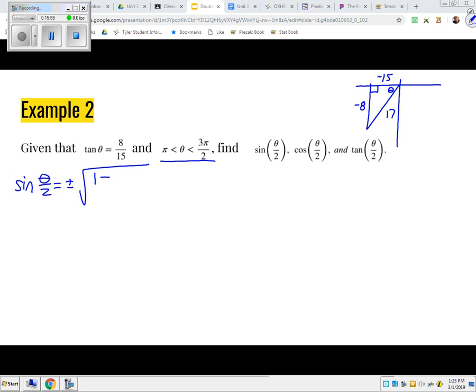What's cosine of theta? Negative 15 over 17. Hang on a minute. So negative 15 over 17. Can I call that positive 15 over 17? It's minus a negative 15 over 17.